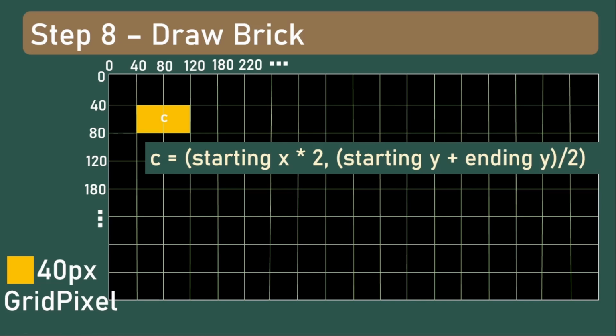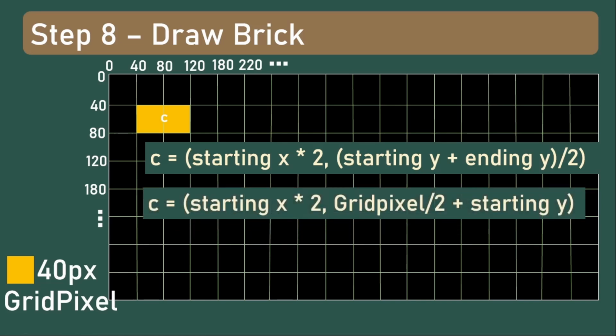Assuming that we don't know the ending Y of the brick, you can still get the center Y by getting the starting Y and adding half of the grid pixel to it.